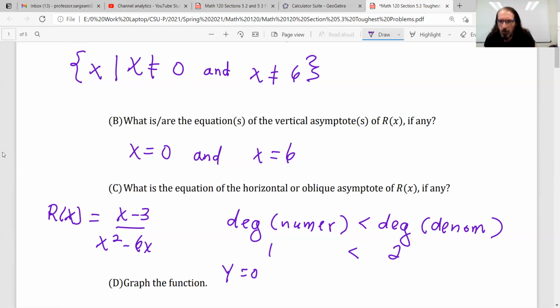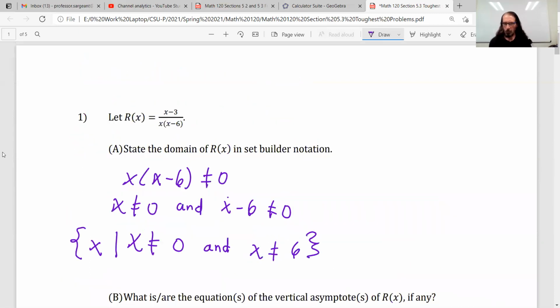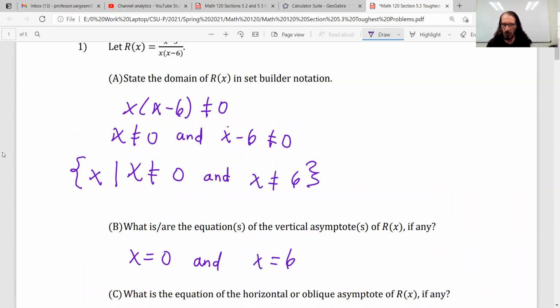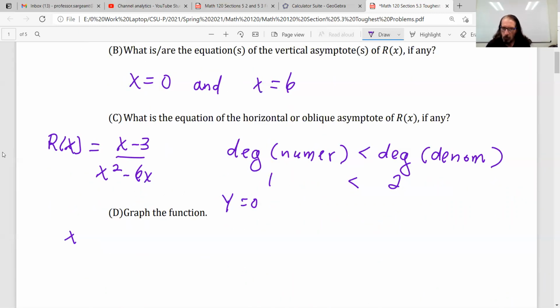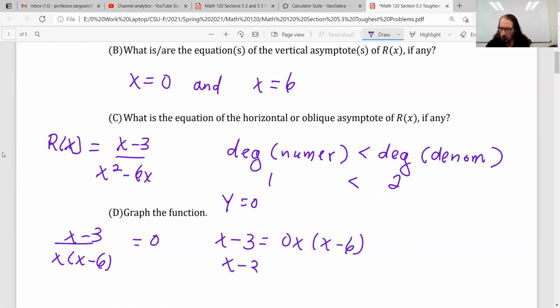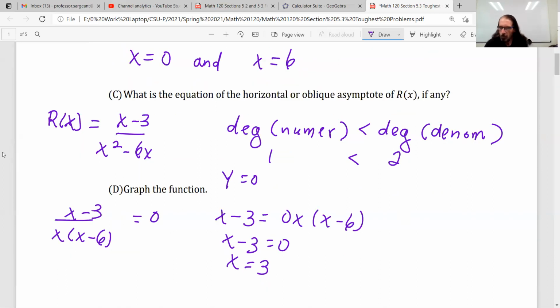Now we can furthermore find intercepts. What would make the numerator 0 does not make the denominator 0. So if we cross multiply it here, we can see why. Doesn't make the denominator 0.